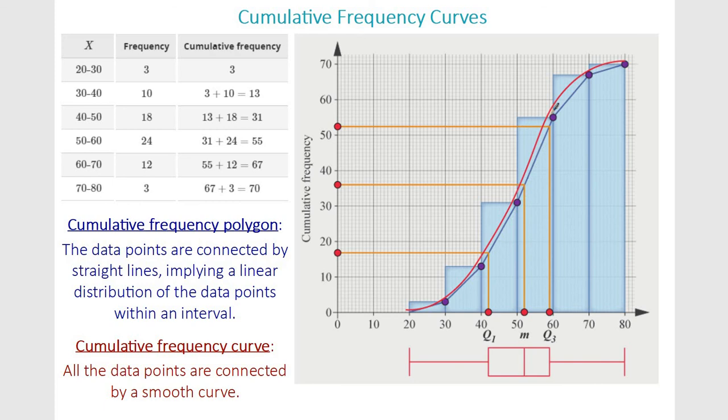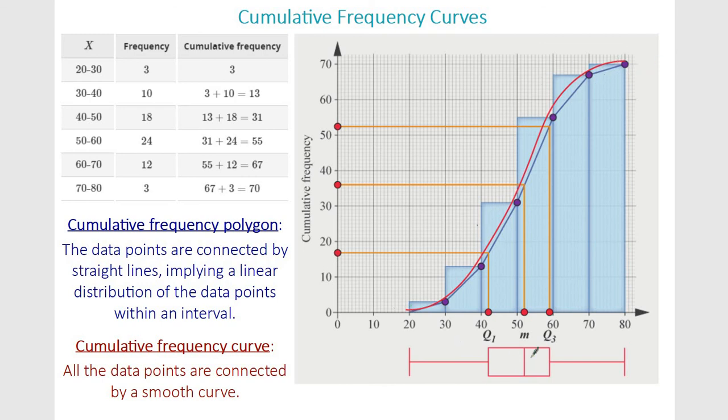That blue line right here where it's kind of jagged, that's your cumulative frequency polygon. Then the cumulative frequency curve is when they're connected by a smooth curve. That's when we usually use a graphing calculator to estimate what that curve would be.